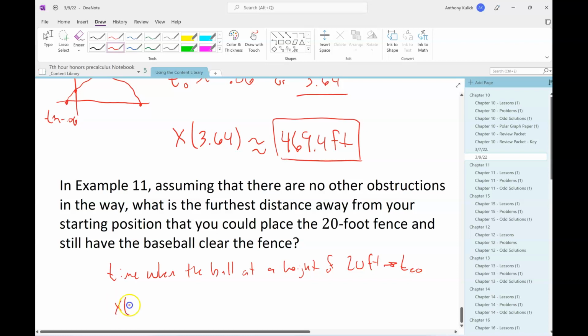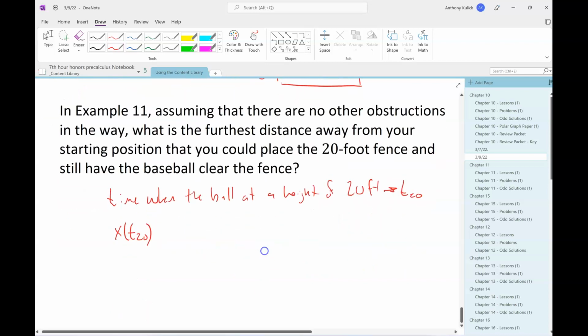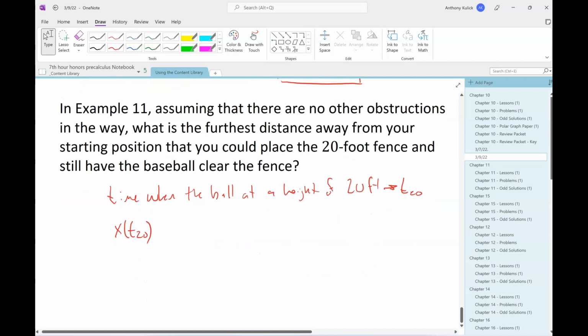Once I have that, I can plug it into x to find the horizontal distance in which the ball is going to be at 20 feet. And if I put my fence there, the ball should just squeak over the top of it. Everybody cool? So how do I find the time when the ball is at a height of 20 feet?